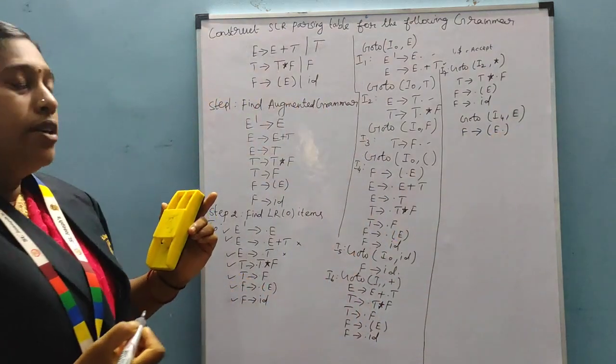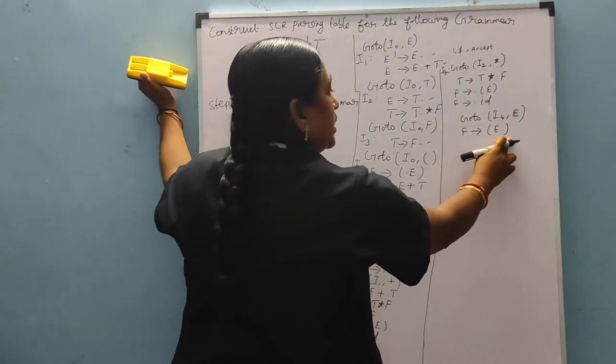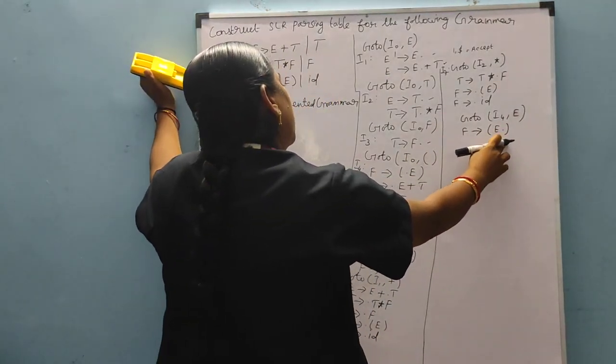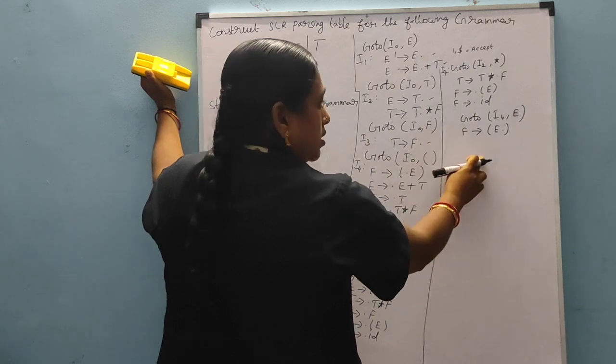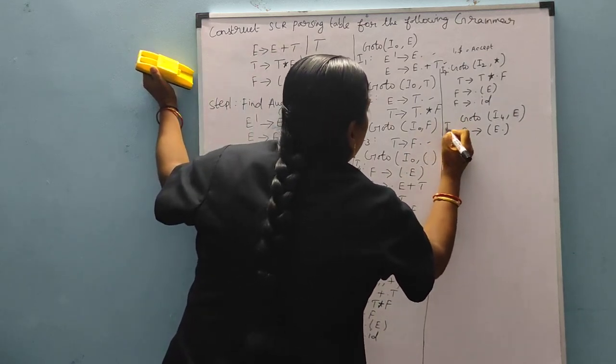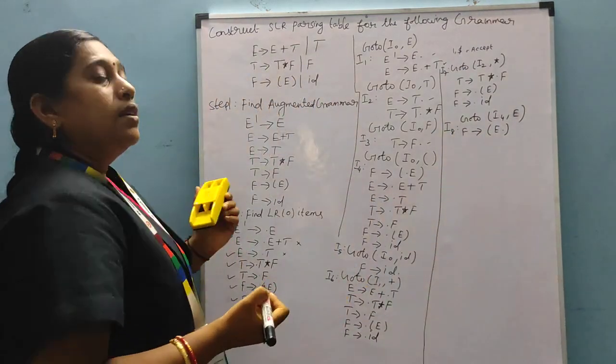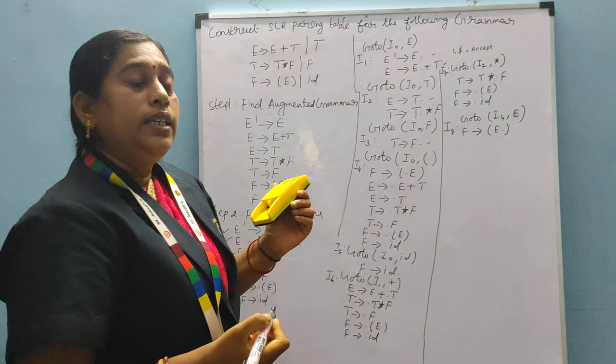Is this a new state or existing state? After movement the terminal results, so we cannot add anything in this state. So is this a new state or existing? Check whether it is new or existing. So this is a new state, so we can write it as the I8 state.